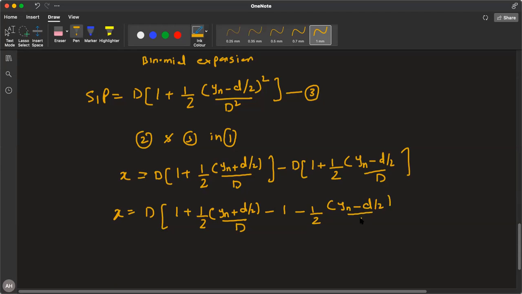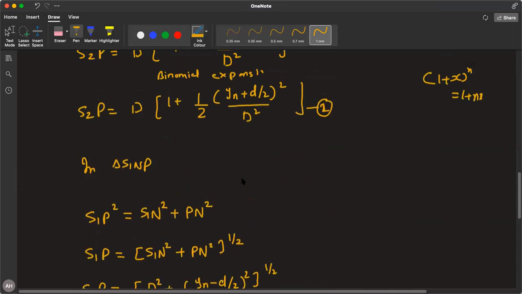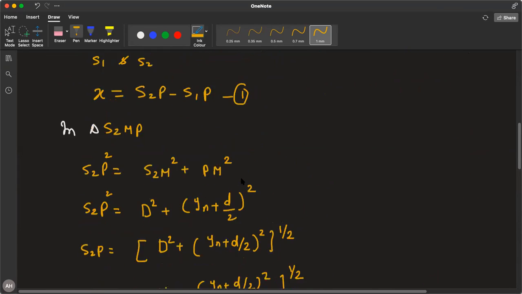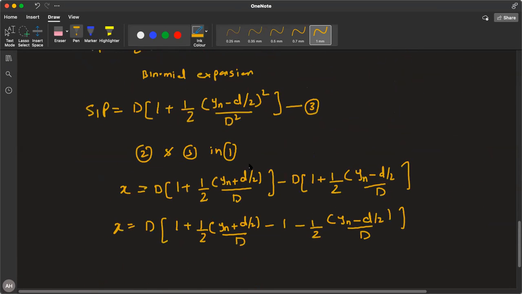Yes, it was d square, and (Yn plus or minus d by 2) whole square. This is square, and this is square, so this one will get cancelled out.